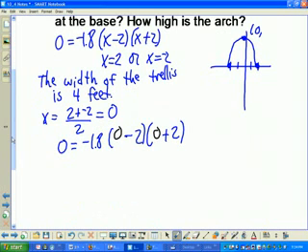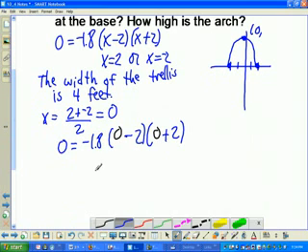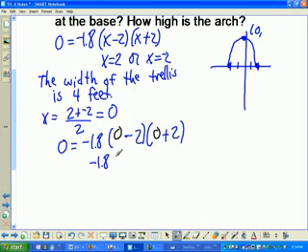Now I'm going to just do a little arithmetic. So I'll get negative 1.8 times negative 2 times positive 2. And that turns out a negative times a negative times a positive. That's a positive answer. 1.8 times 2 times 2. Well, that's the same thing as 1.8 times 4, which is 7.2.